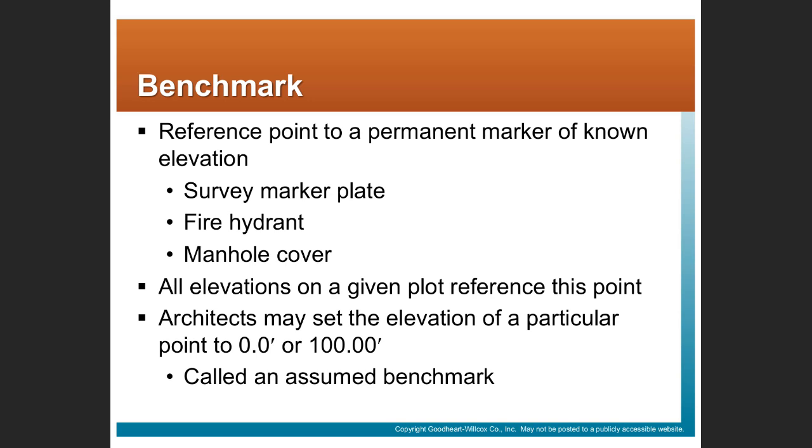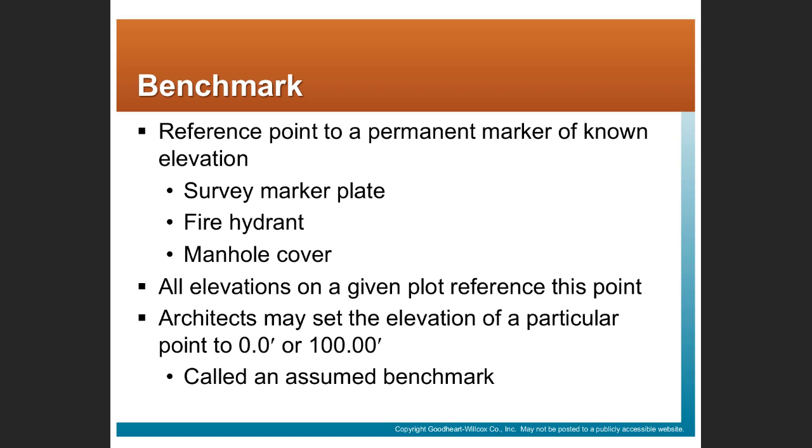So in these previous couple drawings we looked at, we saw contour lines that had elevations, say 851, 852, 853. We could also reference a known elevation and have all our contour lines set in relationship to some other reference, right? Some assumed benchmark.